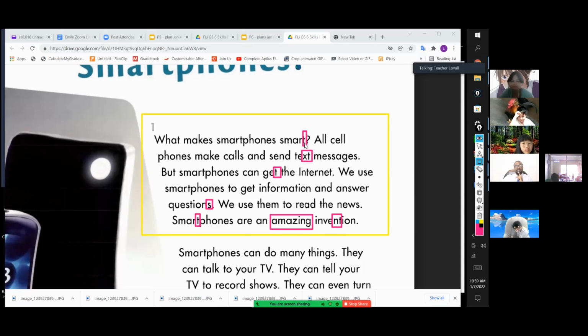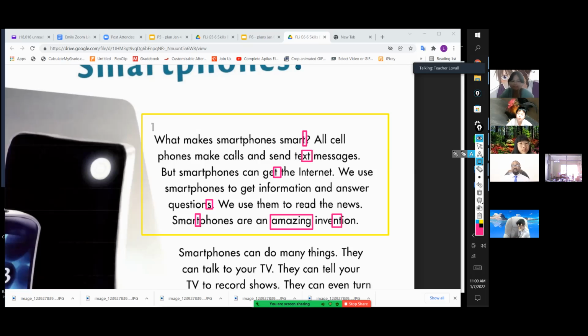So let's say smart, text, get, questions, smartphones, amazing, wonderful, invention. Thank you so much. Very good reading, okay?